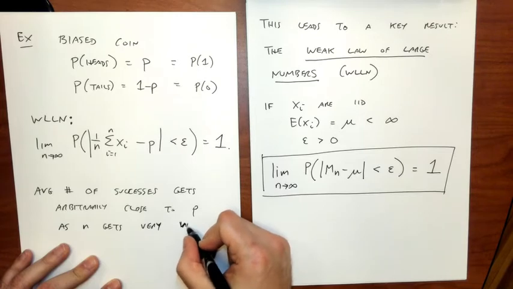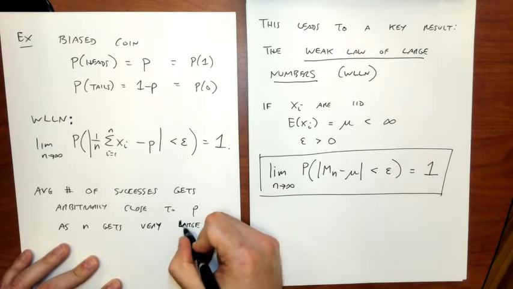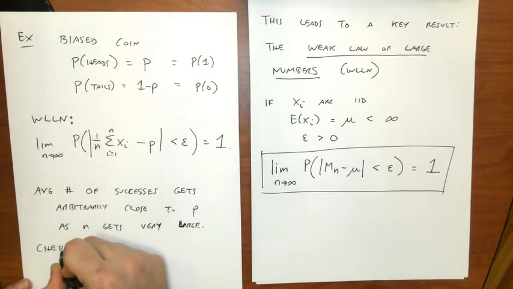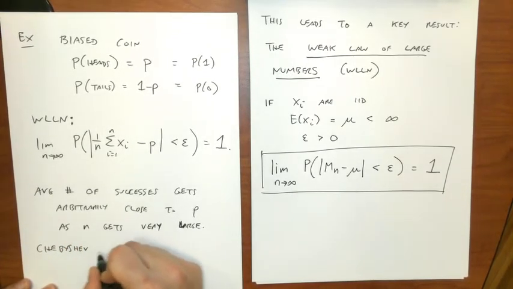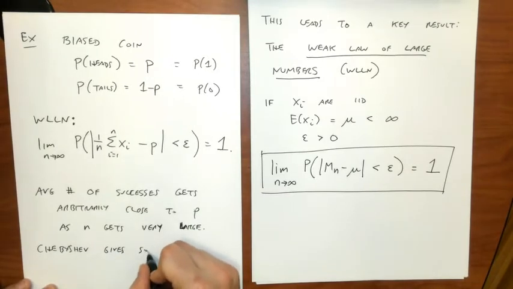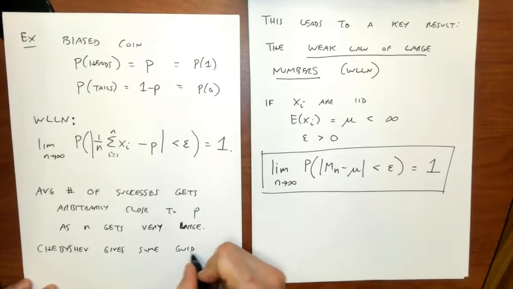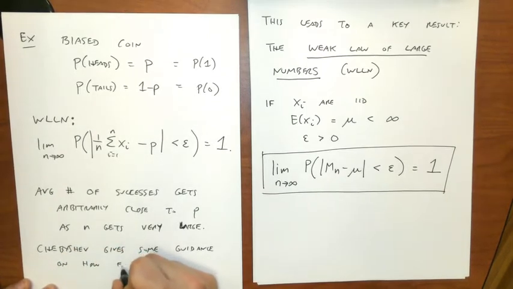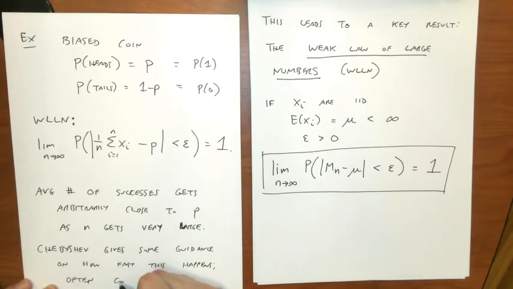And Chebyshev gives some guidance on how fast this happens, but it's often very conservative, which means that the n predicted by Chebyshev is usually a lot bigger than you need.